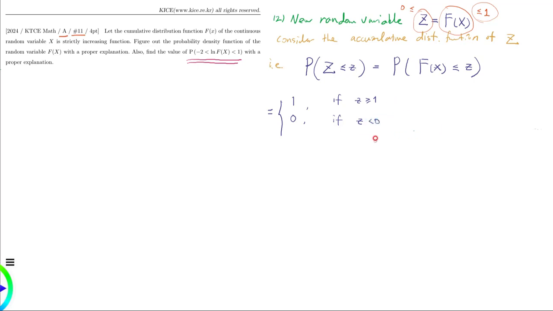So what we are interested in is when small z lies between 0 and 1. As I recall, the graph of y equals capital F of x has a value between 0 and 1 here, and roughly it's an increasing function.